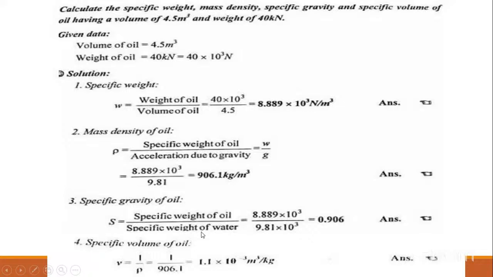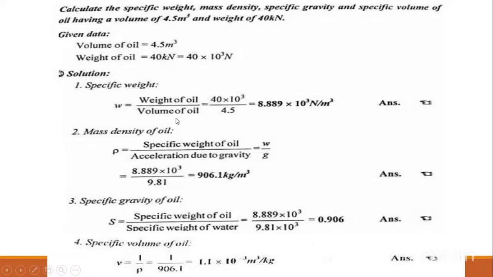Now, specific weight of water, we can calculate that from the mass density, that is 1,000 times 9.81. So that gives us 9.81 times 10 raised to 3. So if we simplify that, it gives us 0.906.